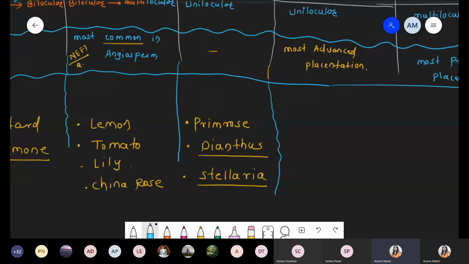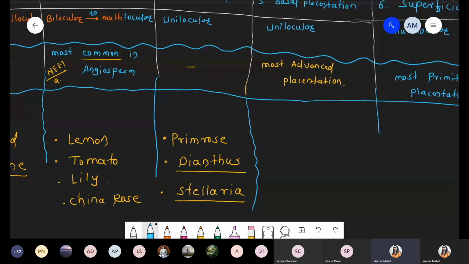Now, under the basal, write down examples. We just discussed these are the most advanced, and under the most advanced, we are taking two examples, wheat, belonging to the monocot family, and another example, sunflower, belonging to the dicot family.